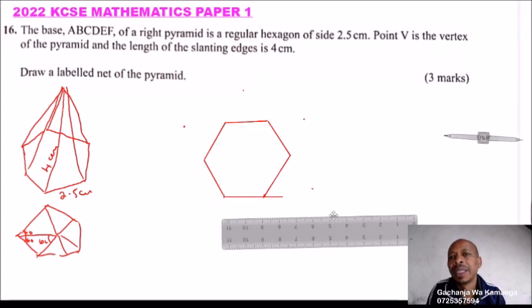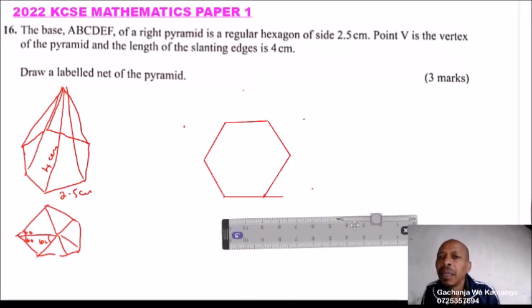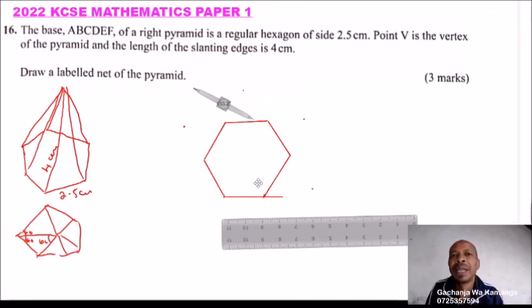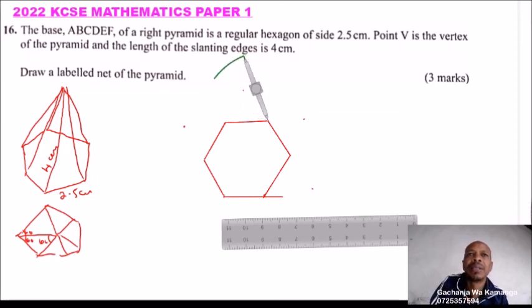So let's take it here. Then we measure 4 centimeters. Those are 4 centimeters. So using our compass, since this is an isosceles triangle, we can now make our arcs. We can now make our arc.